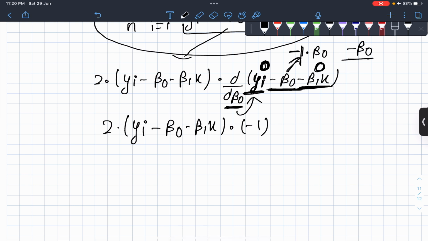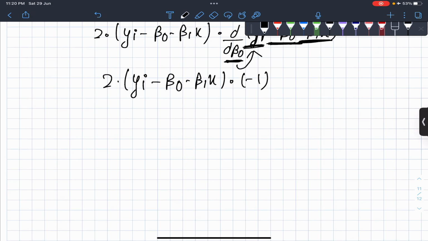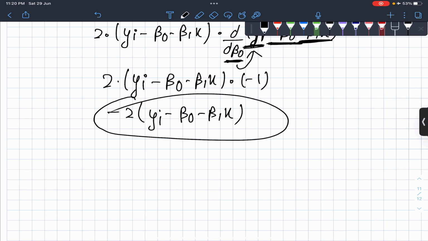So the derivative of this is nothing but minus 2 (y_i minus beta 0 minus beta 1x). This is the derivative of it.